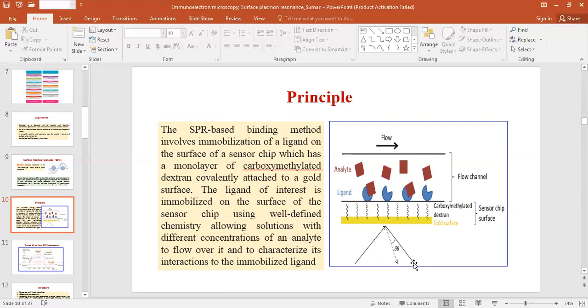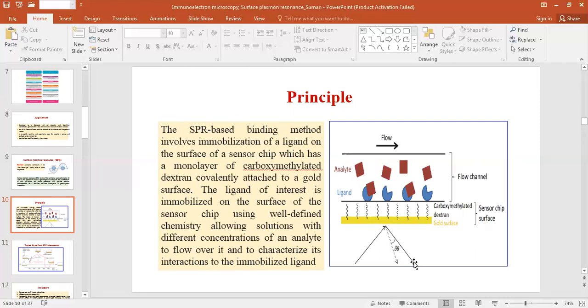Importantly, for protein-protein interactions, this may be cell-cell interaction or simple antigen-antibody interaction or simple protein-protein interactions, the change in refractive index on the surface is linearly related to the number of molecules bound.